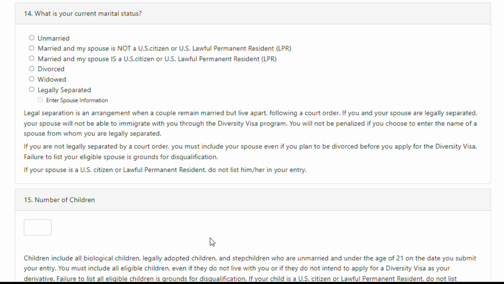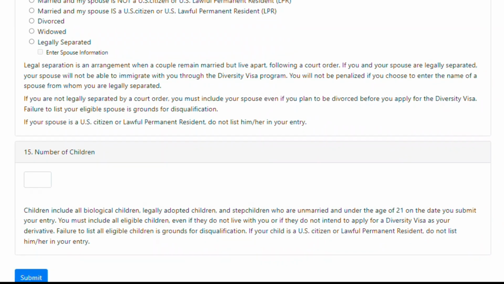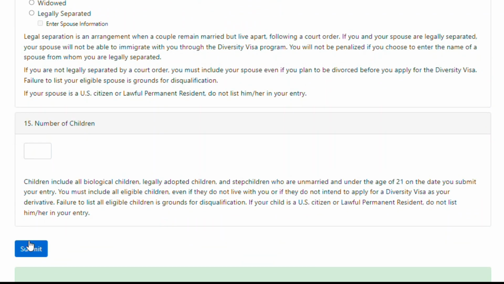And after you filled that, then we click submit, and then the page. And then if you indicated you are married or you have kids, pages with parts to fill the information of your spouse will come, and then followed by the information about your kids, each one of them.